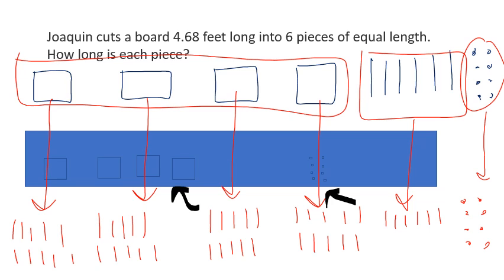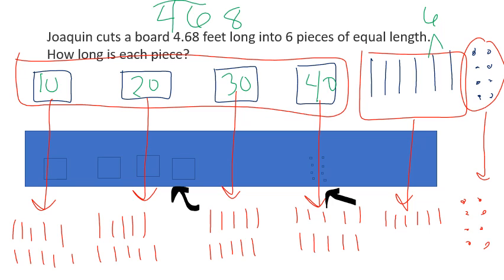Now I can start making my groups. I need 6 groups. So I know this is 10, 20, 30, 40, 6, and 8 hundredths. Hey, look at that. I wonder if I take this, I'm noticing something.